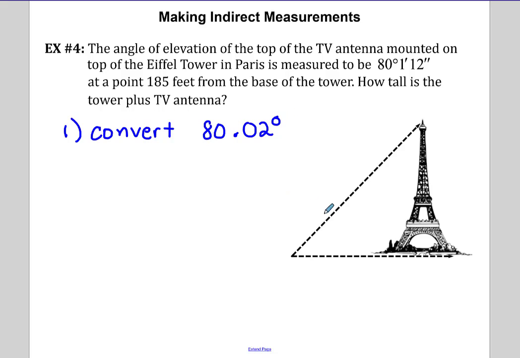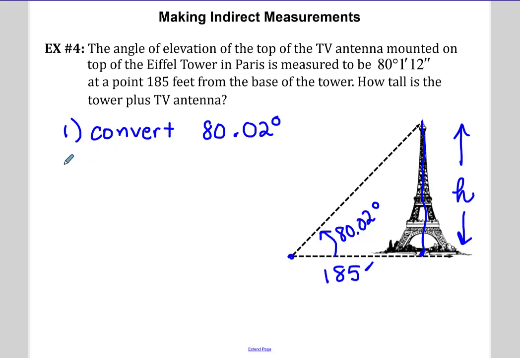So that is this angle of elevation they're telling us. And if we're standing at a point that's 185 feet from the base of the tower, we want to know how tall the tower plus the TV antenna is. So that would be this vertical height here, right? So I'm looking for that height there because we're 185 feet away from the base of the tower.